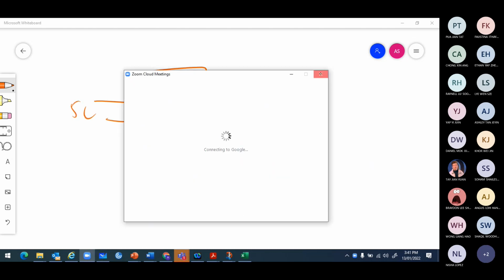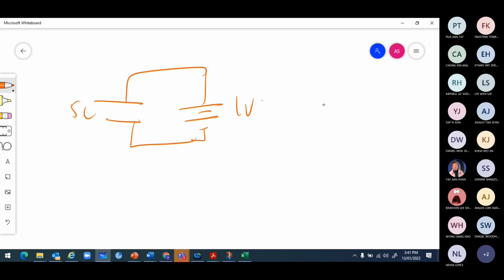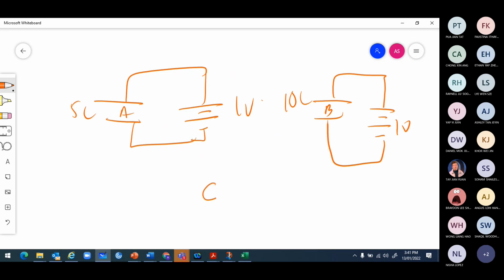You have another capacitor, you apply 1 volt, it stores 10 coulomb of charge. That means the capacitance of B is greater than the capacitance of A. So what is capacitance? The amount of charge stored in each plate to the voltage or potential difference between the plates. It's called capacitance.